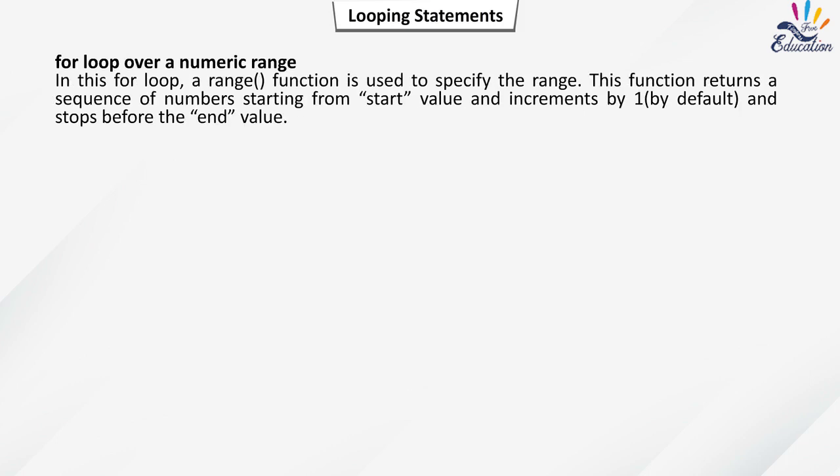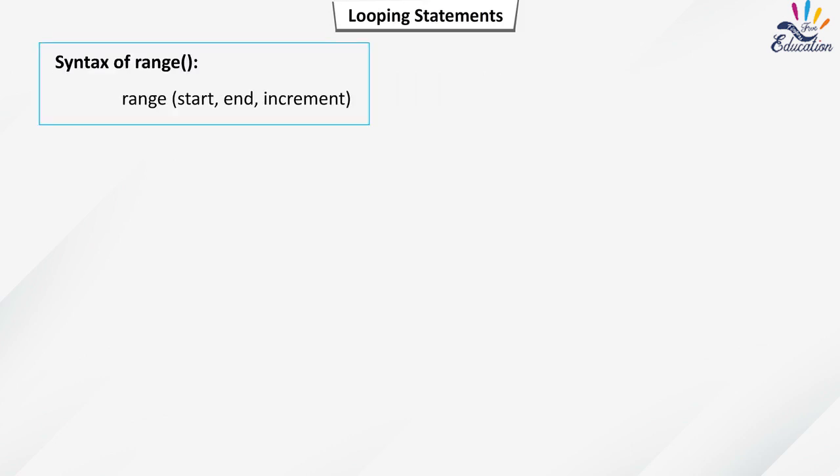For loop over a numeric range. In this for loop, a range function is used to specify the range. This function returns a sequence of numbers starting from start value and increments by 1 by default and stops before the end value.